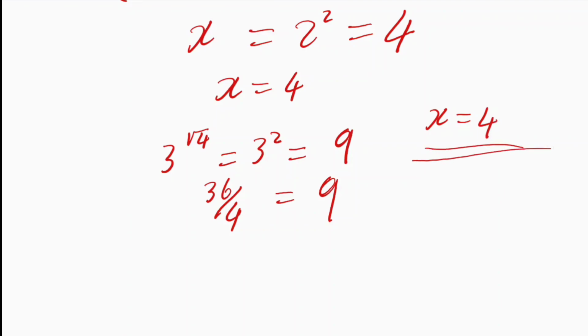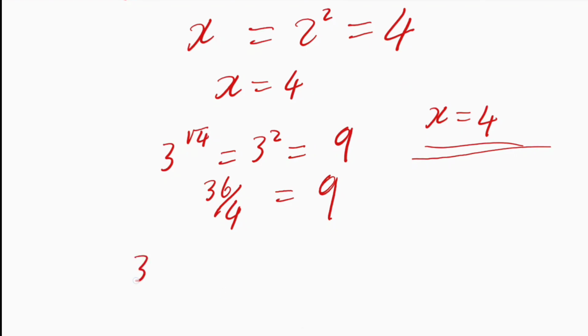And why is it the only solution? We're going to break it down so you can understand. If you look at the function on the left hand side, 3 to the power square root of x, as x is increasing, this function only keeps going up.